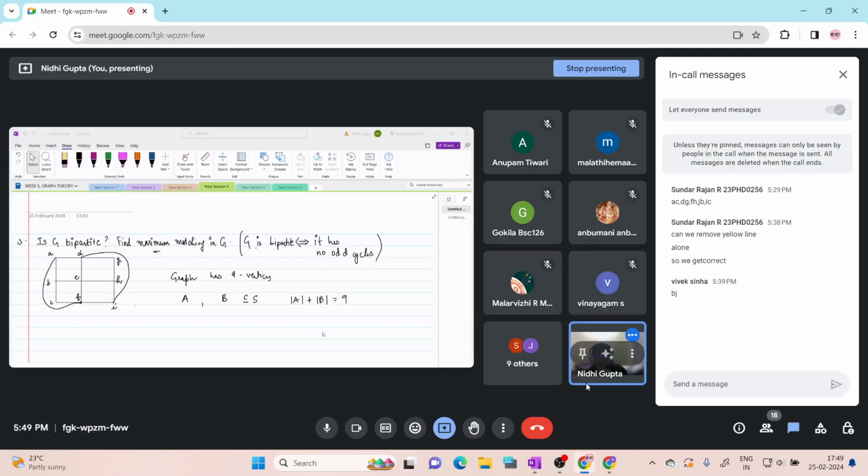So if it has an odd cycle, it cannot be bipartite. So what were you saying? Is this graph bipartite or not? Anupam is saying it is bipartite. Any others? Vinigam, what were you saying?